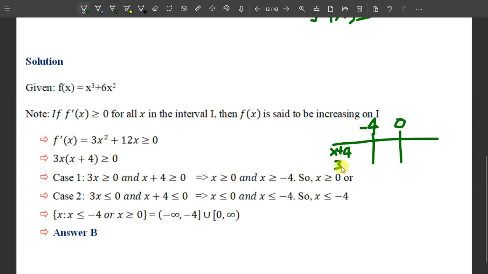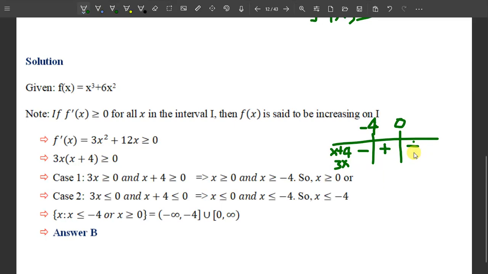Any number which is less than minus 4 makes x plus 4 negative, so put negative there. Any number which is greater than minus 4 makes x plus 4 positive, and then write positive here.